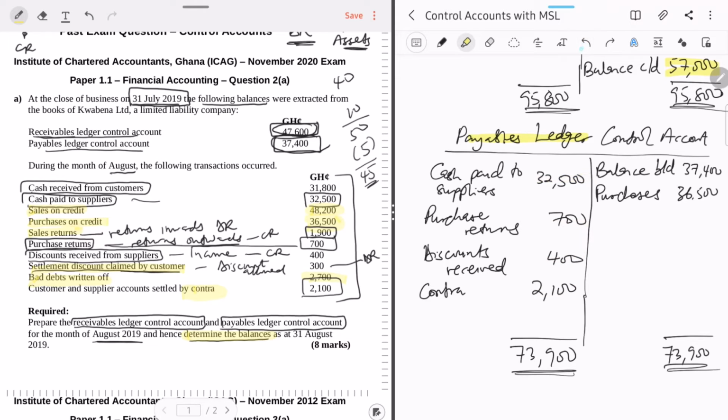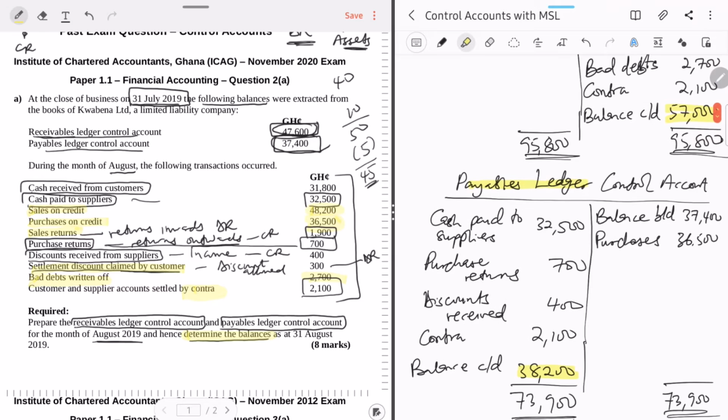So I subtract that from 73,900 and that will give me 38,200. So 38,200 will be my balance carried down. So this is the balance on the payables ledger control account, and this will solve this particular question. Great. So we've done this.